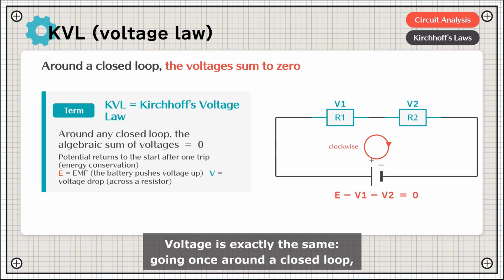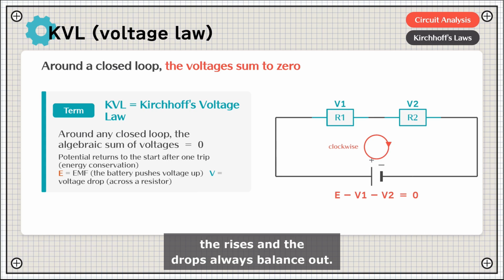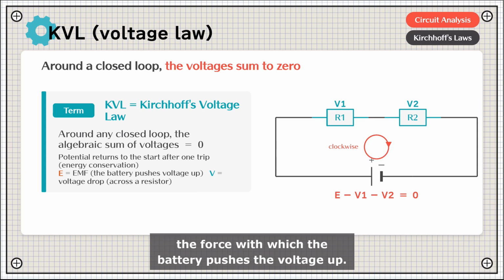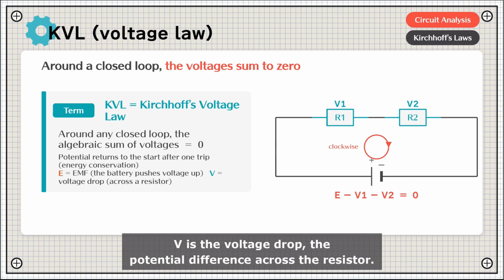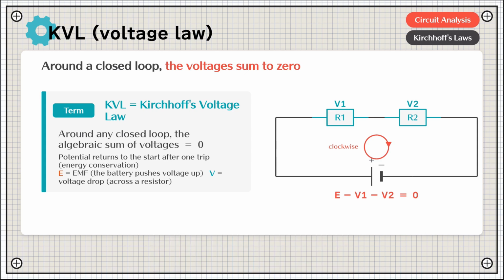Voltage is exactly the same. Going once around a closed loop, the rises and the drops always balance out. By the way, the E in the equation is the EMF, the force with which the battery pushes the voltage up. V is the voltage drop, the potential difference across the resistor.